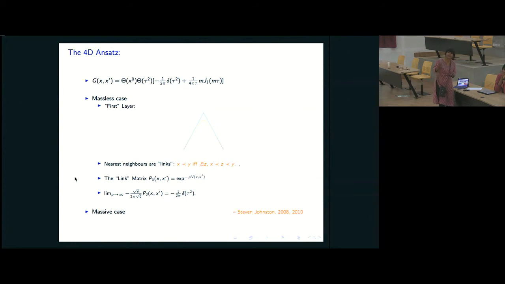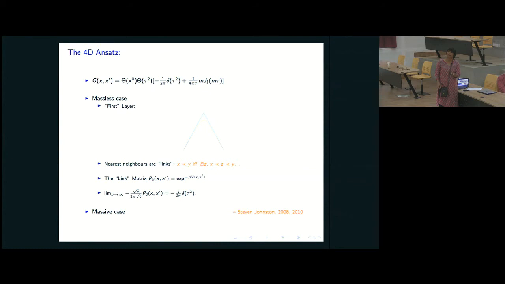So I'll just finish with this 4D answer since I have about 12 minutes left, which is that if you look at the massless case, basically look at this delta function here.